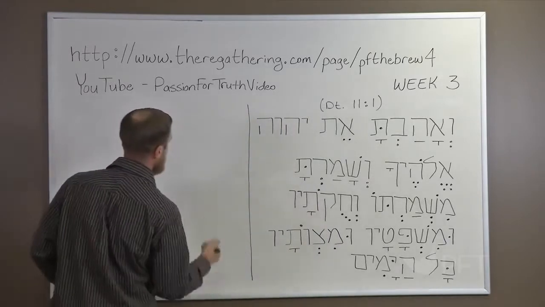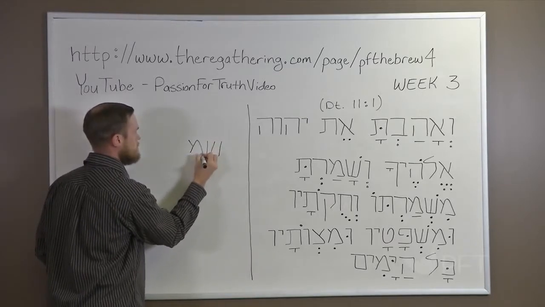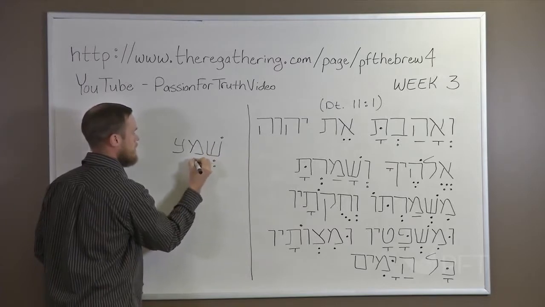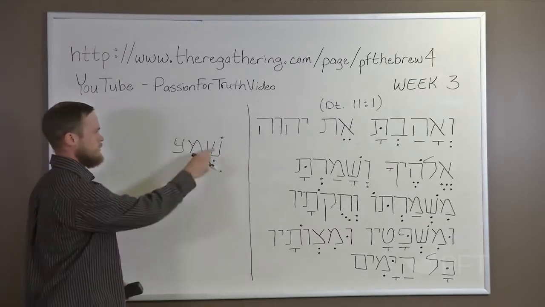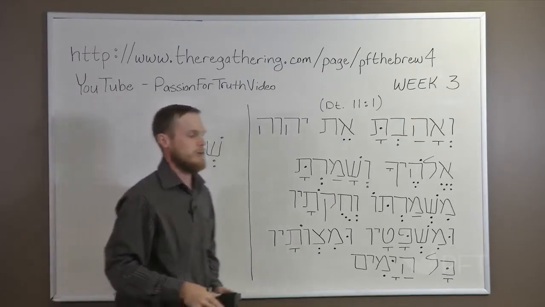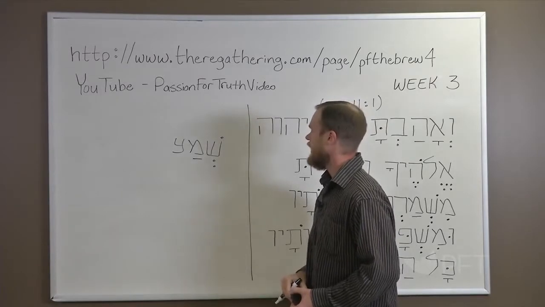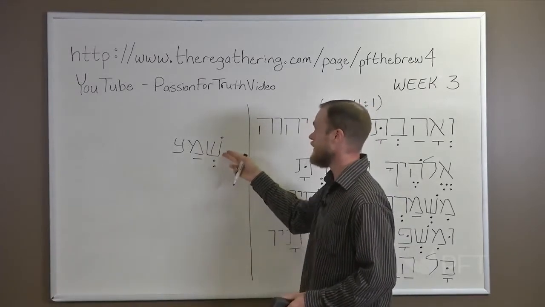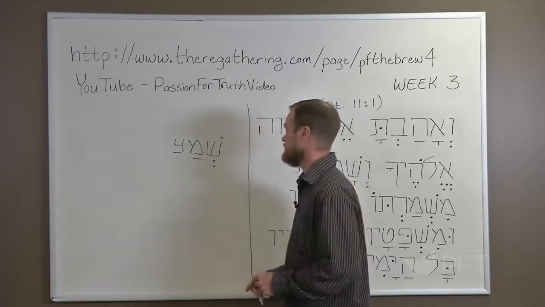So shma is our first word. This is shma. The root is shin mem ayin, which means to hear. And so you can identify right away that this is the imperative form of that verb.